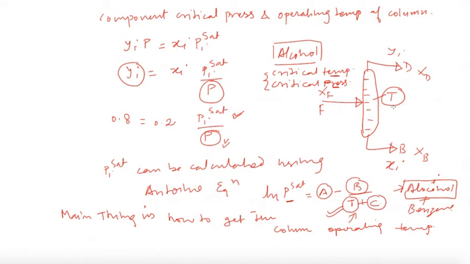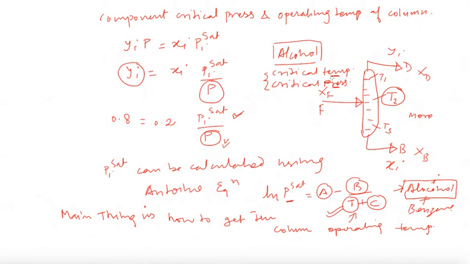In the entire column, let's say here it's T1, here it's T2, here it's T3. So the average temperature T average, or any temperature T1, T2, T3, should not be more than the critical temperature of alcohol or the component which we want to recover.